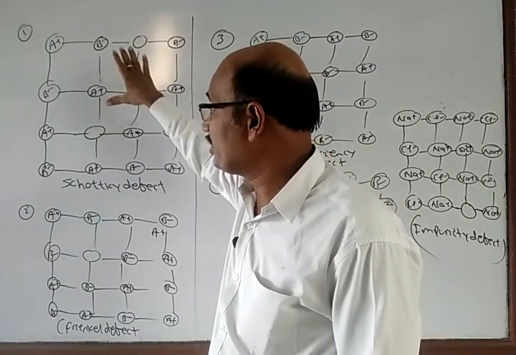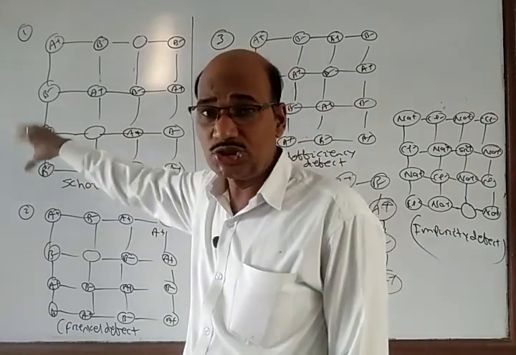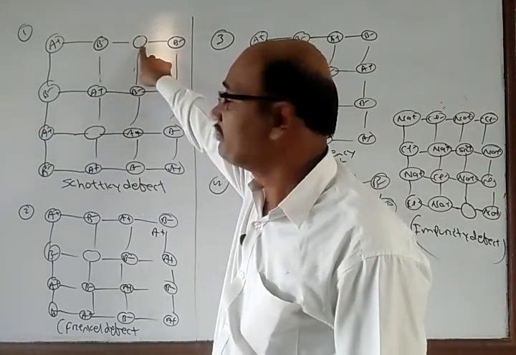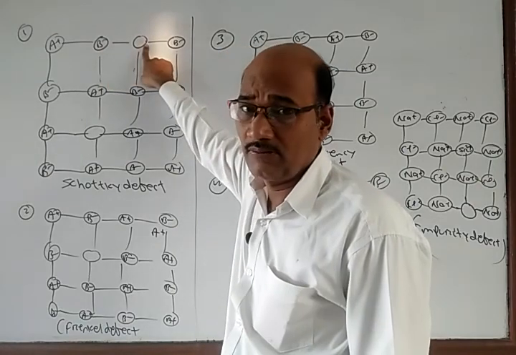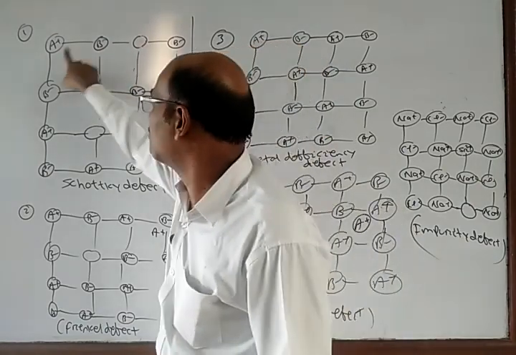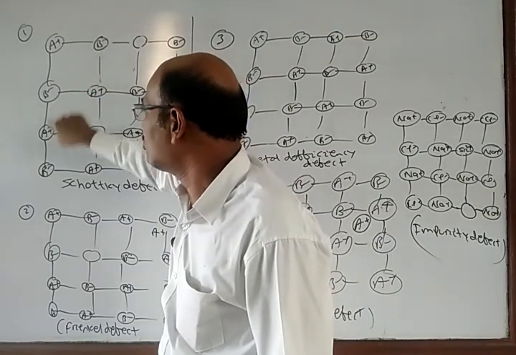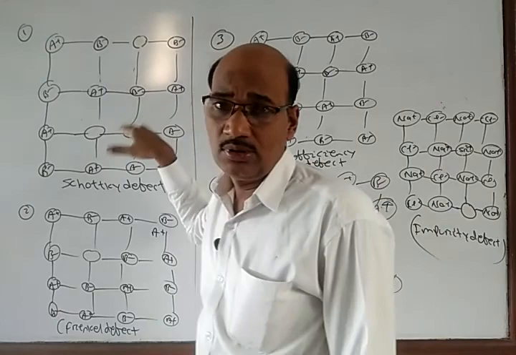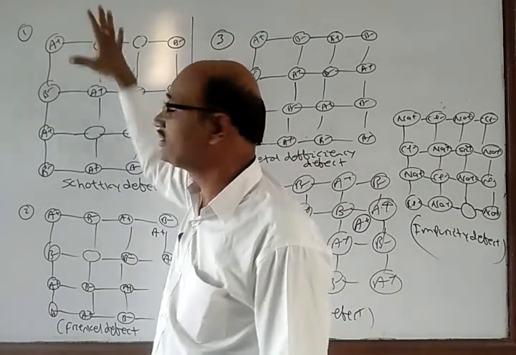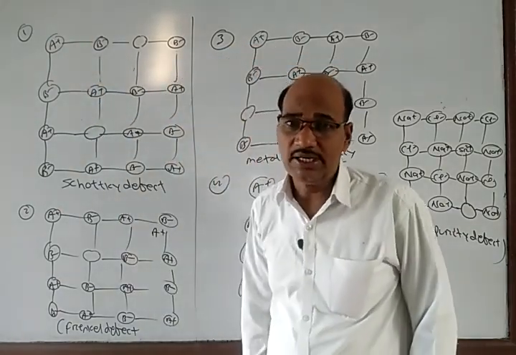Whenever such solids are connected to an electric source, because there is a vacant space, the nearby ion will move to this place. When this moves to this place, then the next moves to this place, and so on. That means there will be a flow of ions, and because of this the species will be able to conduct electricity.